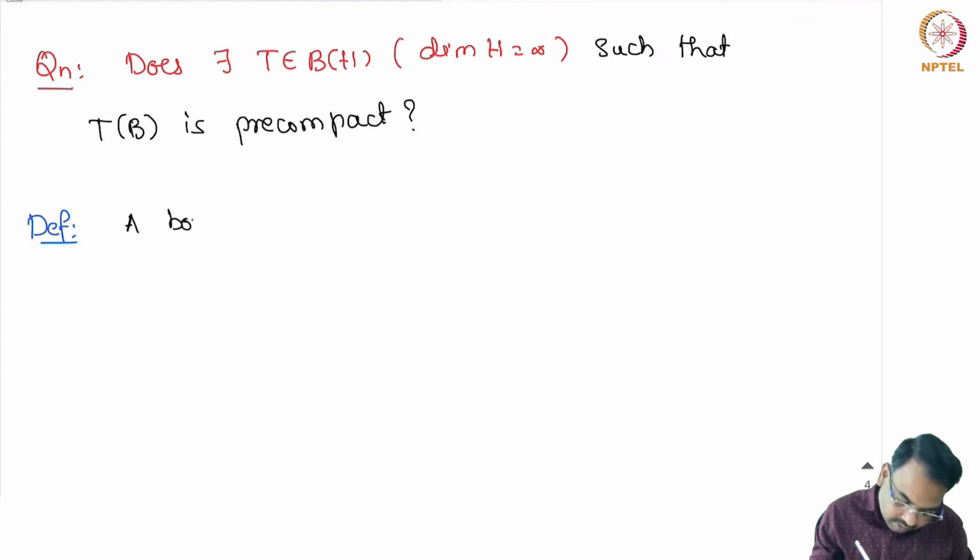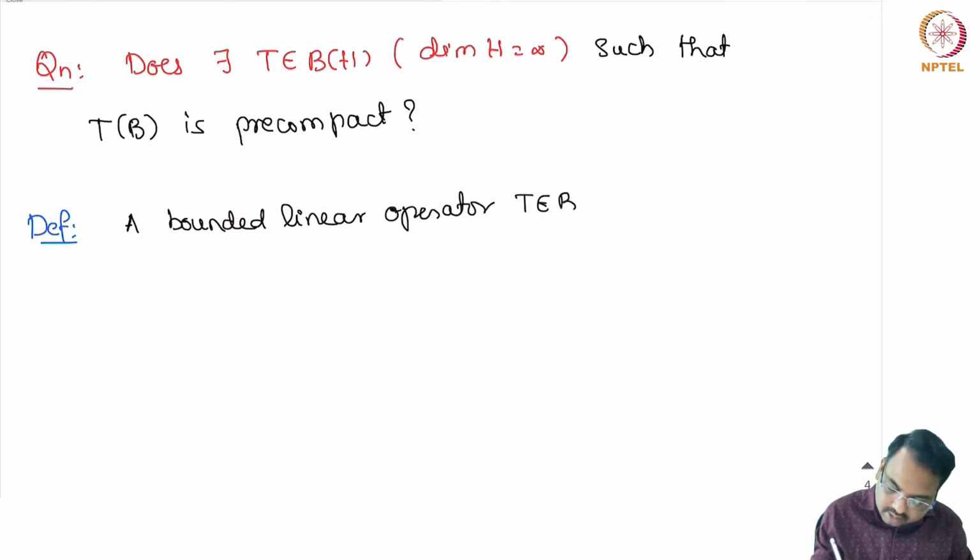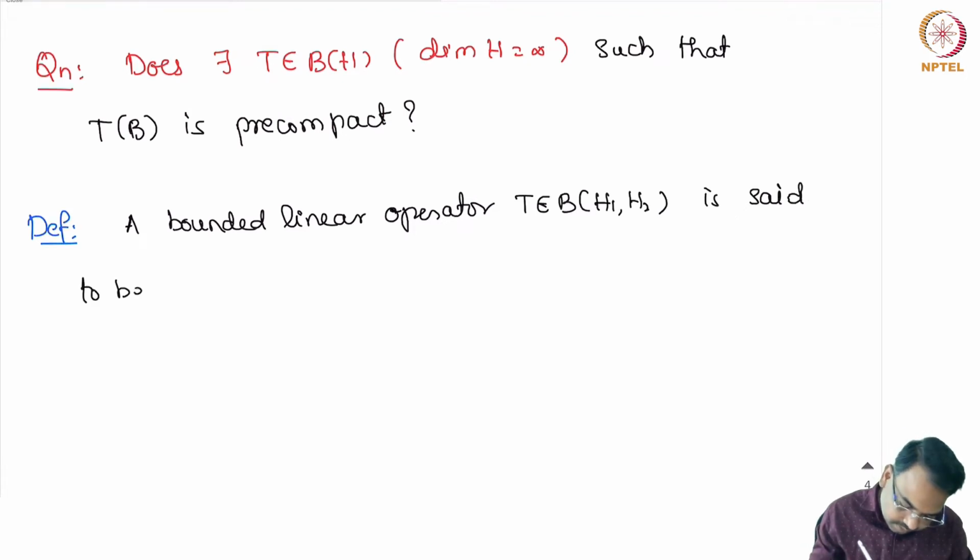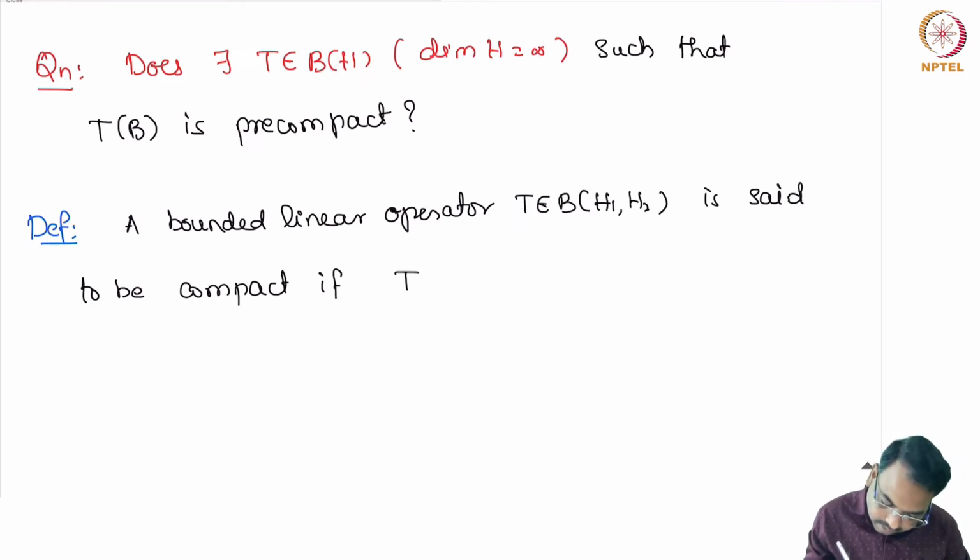A bounded linear map T from H1 into H2 is said to be compact if T of B is pre-compact.